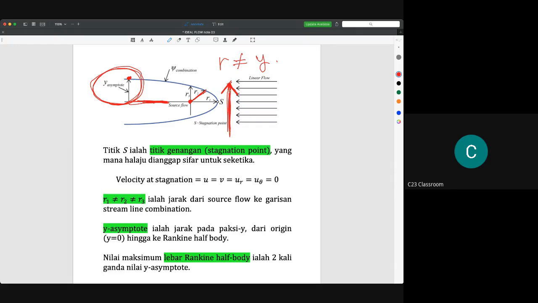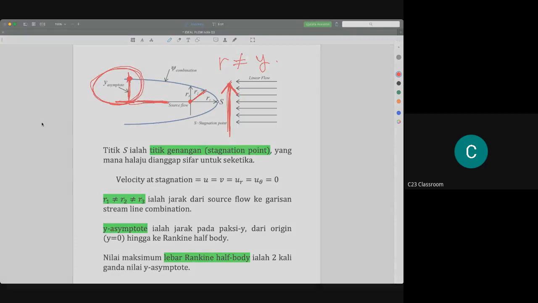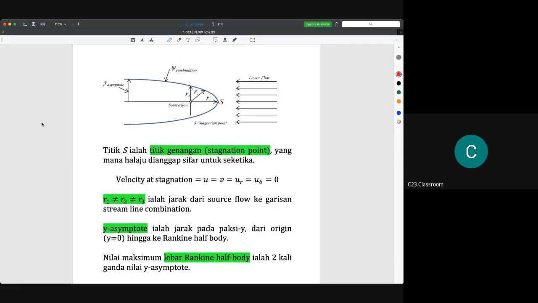Means it is a vertical distance. A vertical distance, meaning y-axis here, from the center line to the Psi combination. Okay, saya harap awak dapat melihat gambar rajah dan dapat mengingati takrifan-takrifan ini. Okay, as shown like this one.